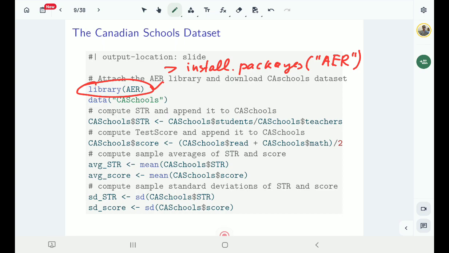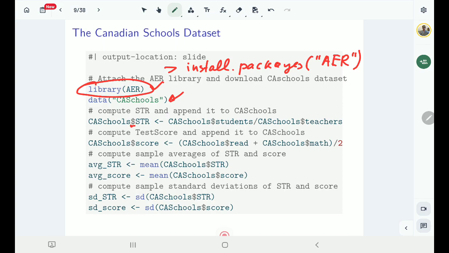After we have called this AER library, we can attach this dataset, the Canadian schools dataset, and then we can create 2 new variables. To create 2 new variables within the CASchools data frame, you have to use the $ sign.